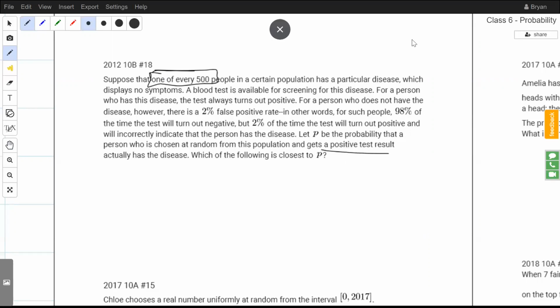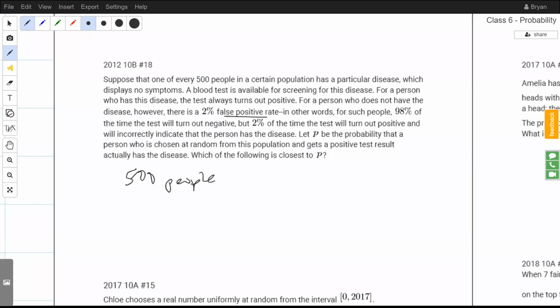Sorry, if we don't know the probability that the disease occurs in the population, then given only the false positive rate, we actually will not be able to figure out the actual probability. So yes. Anyway, the way you can do this problem is just simply consider if we have 500 people.